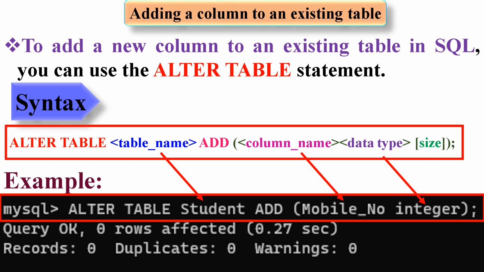The syntax is alter table table_name add column_name data type size; For example, we type the statement in the MySQL prompt as alter table student add (mobile_no integer); So we are adding a new column mobile_no with integer data type in the student table.